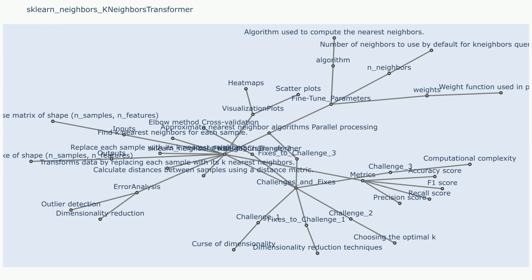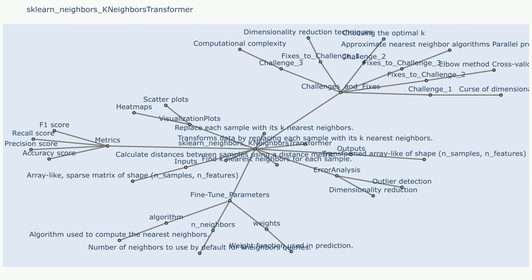Steps. For each data point in the input data, identify its K nearest neighbors based on a distance metric, e.g. Euclidean distance. Calculate a new set of features for each data point based on the distances to its K nearest neighbors. The specific transformation depends on the chosen method. Distance. The distances to the K nearest neighbors are used directly as features.